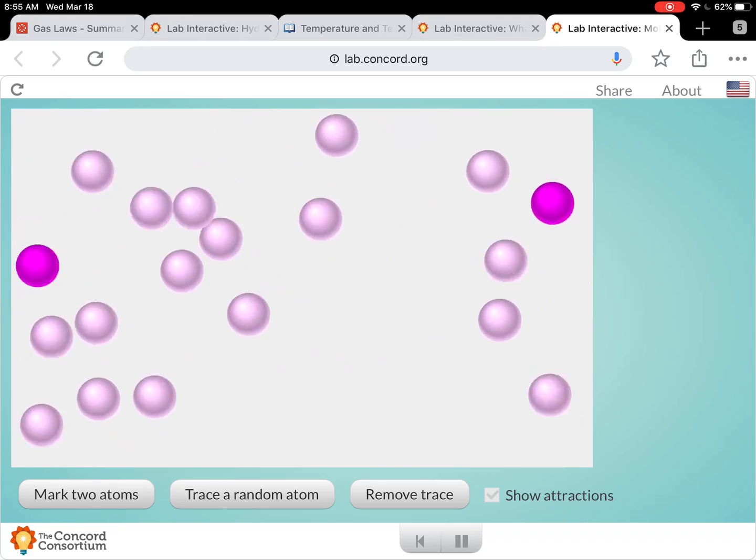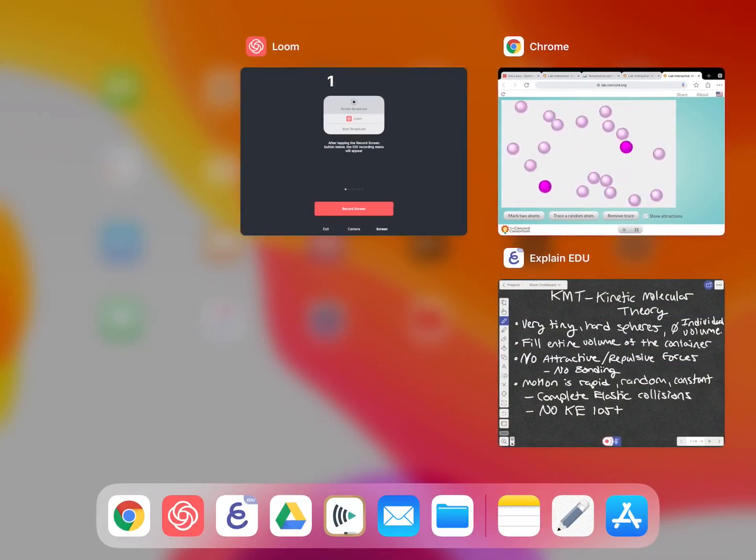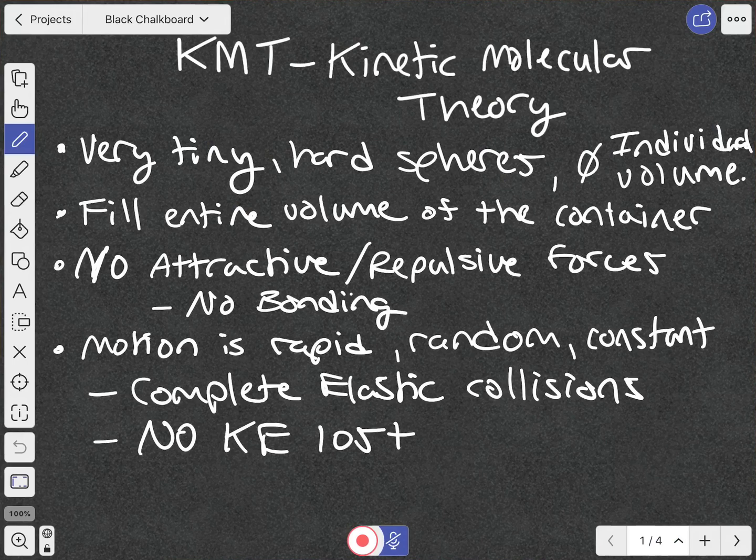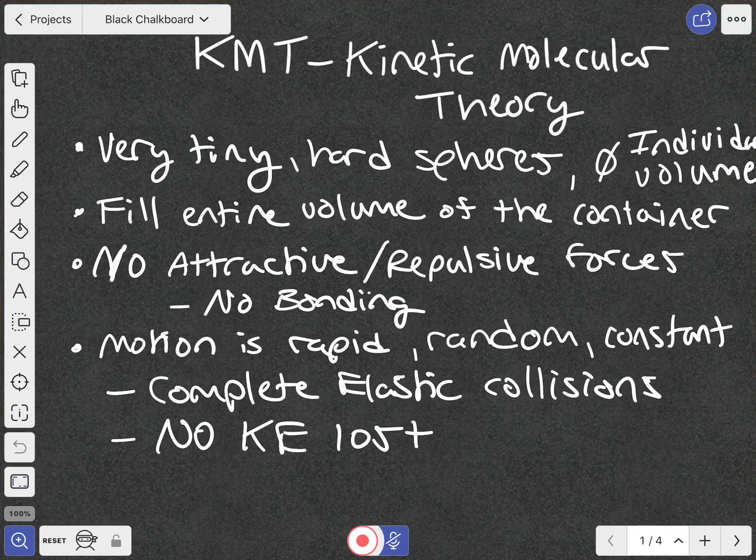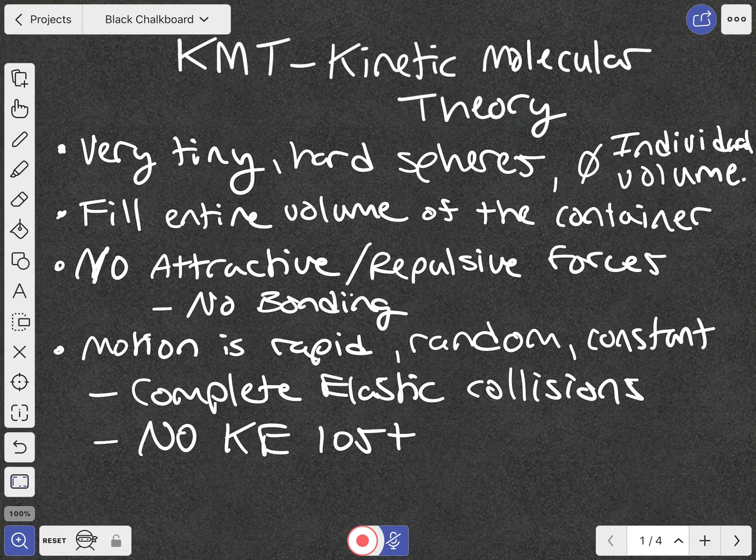Okay, so let's go back to our notes. You may have to pause the video briefly as you jot some of this down. So again, very tiny hard spheres, zero individual volume, and they fill the entire volume of the container.